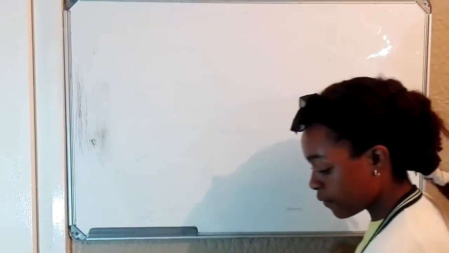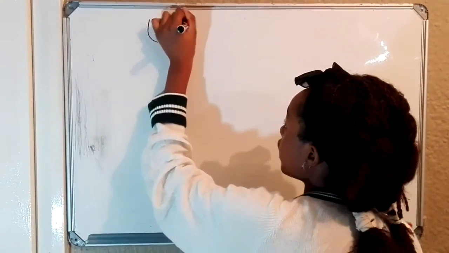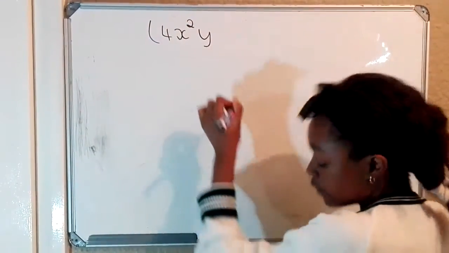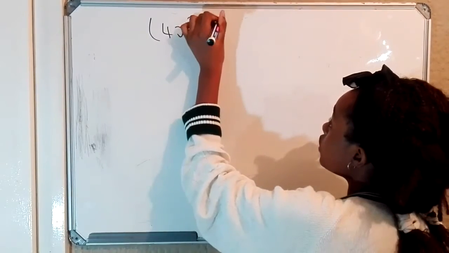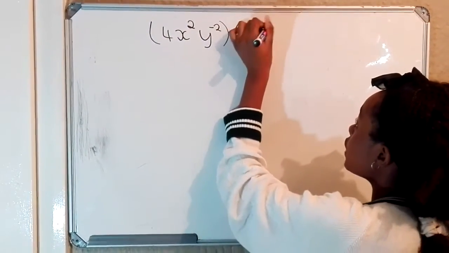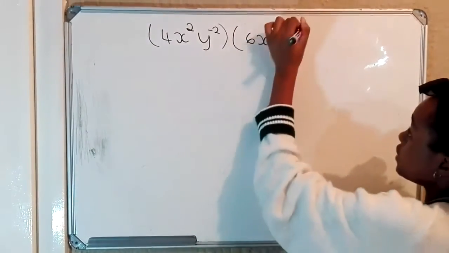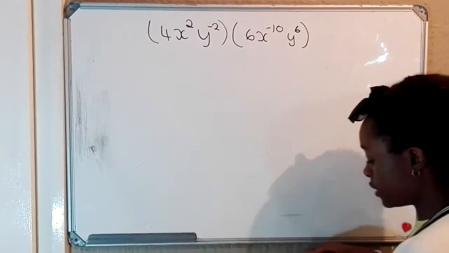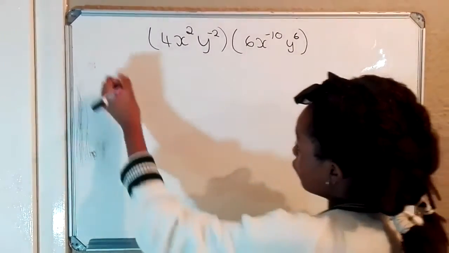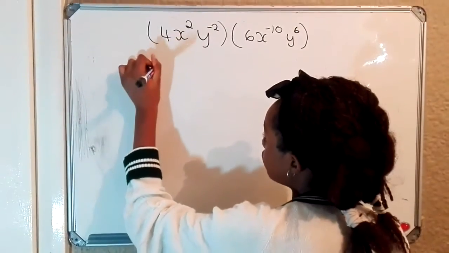Okay, here's the next one. Say we have 4x squared, y to the power of negative 2, and we have 6x to the power of negative 10, y to the power of 6. Okay, all right, again we'll start with the coefficients. So 4 times 6 gives you an answer of 24.